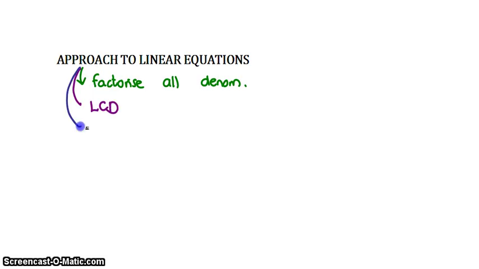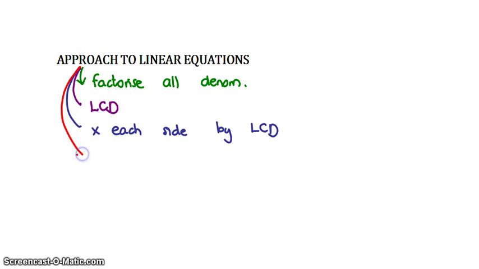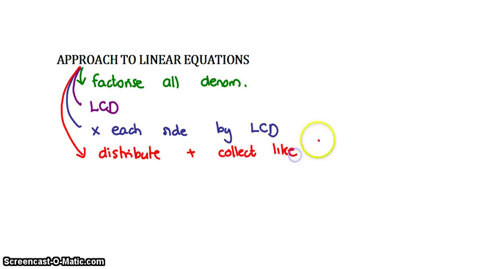Then I multiply each side by my lowest common denominator, in the hope that every single one of those denominators will be cancelled, and I no longer have fractions in my equation. Then I'm back to a simple linear equation. I distribute and collect up like terms.